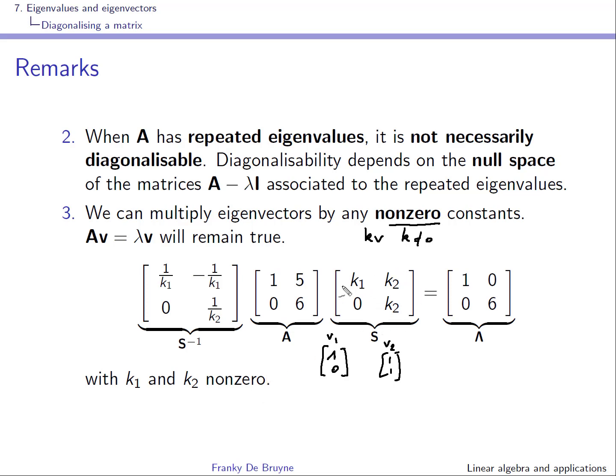This leads to S, and if we compute S^-1, you'll obtain this here. And if you do the computation of S^-1 A S as well, you obtain a Lambda again. Okay, so this dependence on k1 and k2 disappears from S and S^-1.